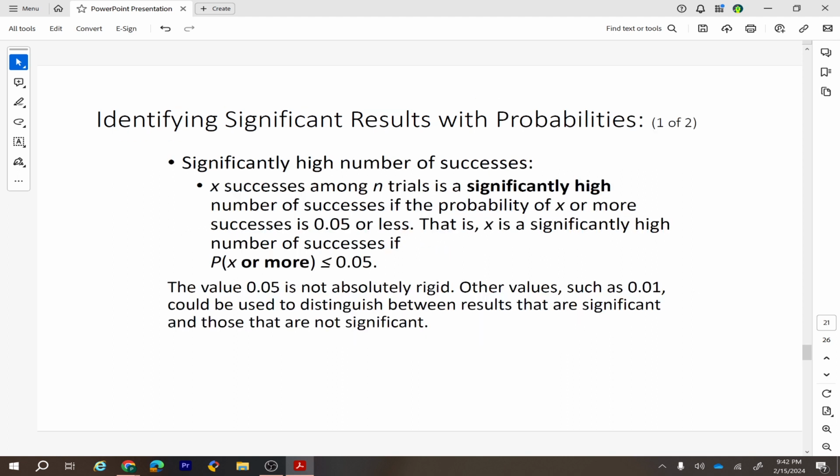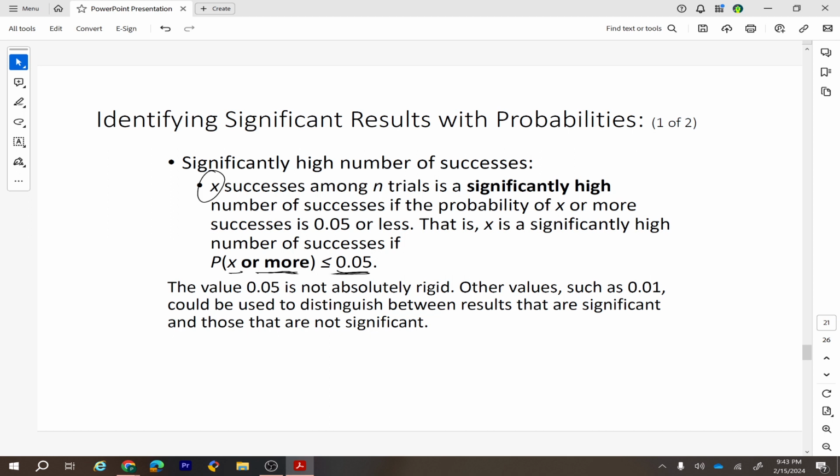For the significance rule for probabilities, keep in mind, let's say X is the random variable, X successes among n trials, that is assumed to be significantly high if the probability of getting X or more is less than or equal to 5%. It could be less than or equal to 1%.